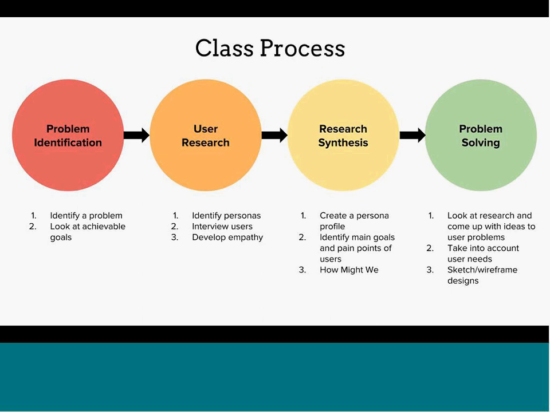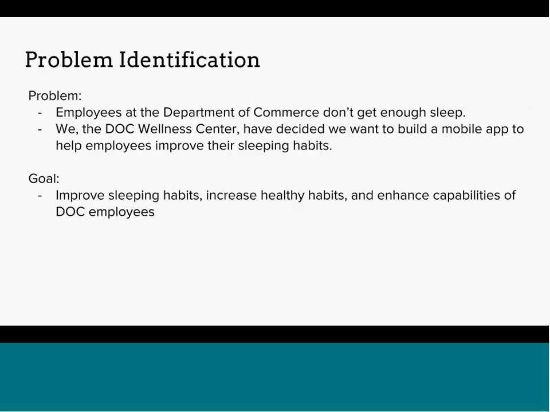We'll identify the main goals and pain points of those users, and we'll be doing a how might we exercise. It's another method. And to conclude, we'll be going into problem solving, where we'll look at our research and come up with a solution, where we'll be taking into account the user needs that we identified, and we'll be sketching some wireframes and ideas. That being said, does anyone have any questions so far?